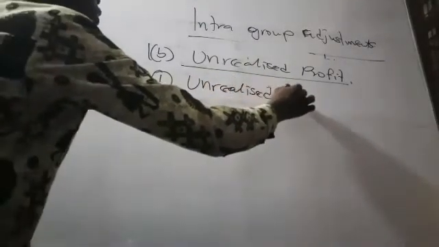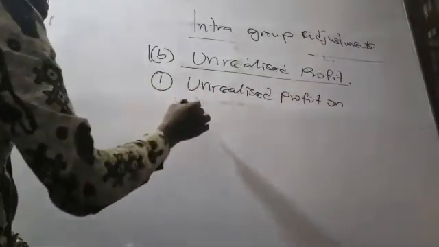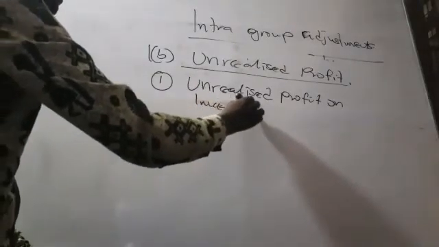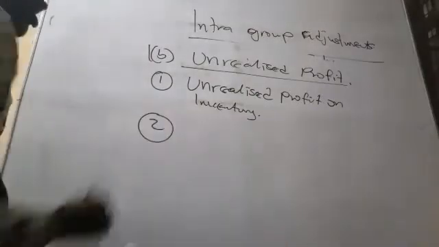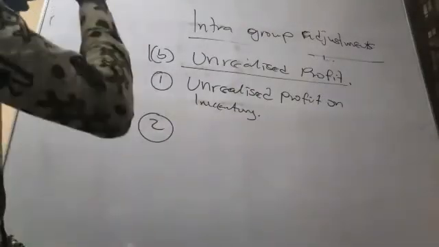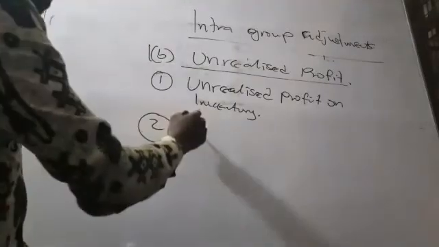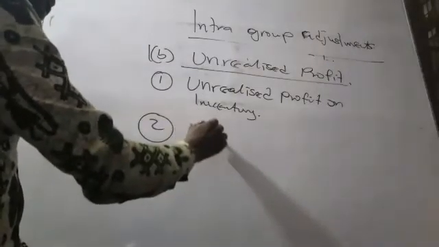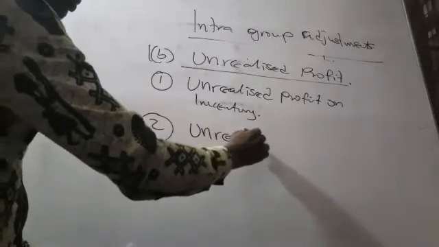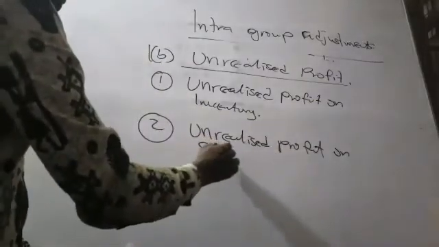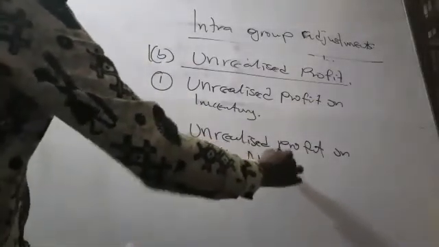Unrealized profits on goods left in inventory. Then two, unrealized profit on transfer of non-current assets. So let me call it unrealized profit on sale of non-current assets.